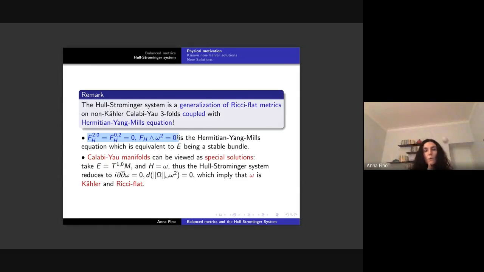When you write the Hull-Strominger system, you reduce to i∂∂̄ omega = 0, and the differential of the norm of the big Omega times omega squared equals 0. That gives you that the norm of the (3,0) form with respect to the metric is constant, and then omega has to be Kähler and H flat, so the holonomy is SU(3). In this sense, they generalize this condition.